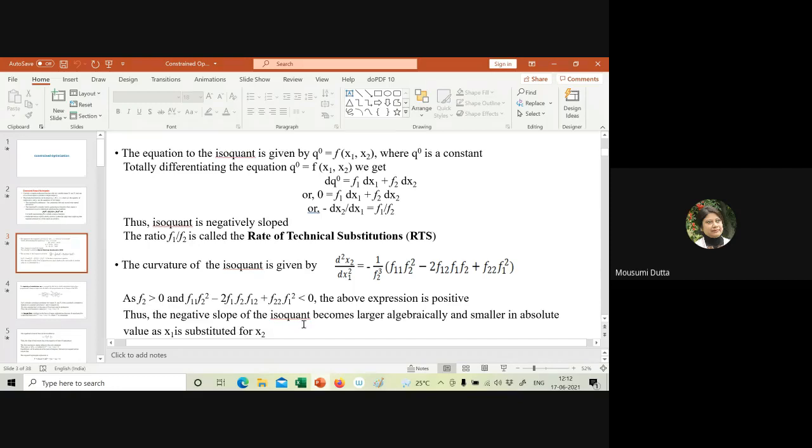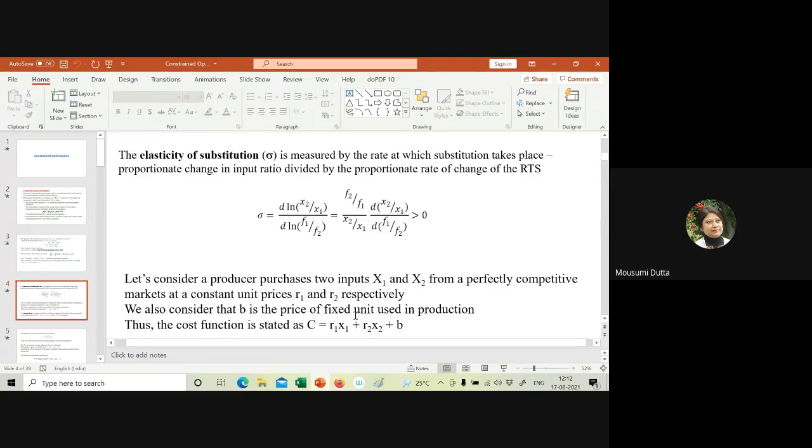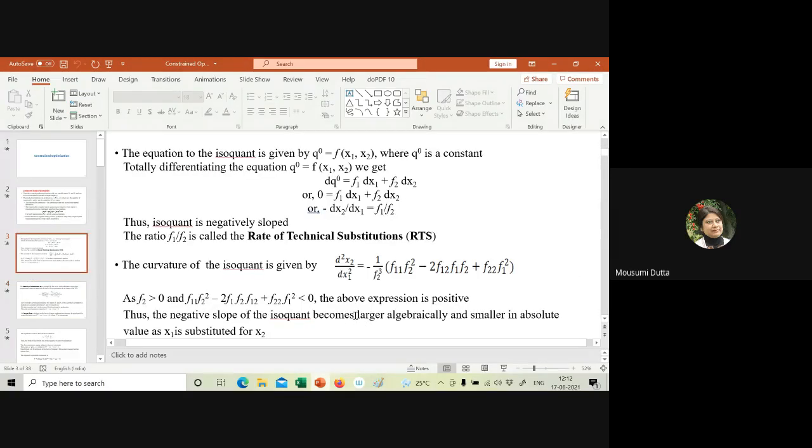Thus, the negative slope of the isoquant becomes larger algebraically and smaller in absolute value as x1 is substituted for x2. In other words, along the isoquant, if I move in the rightward direction, the slope will become flatter and flatter.